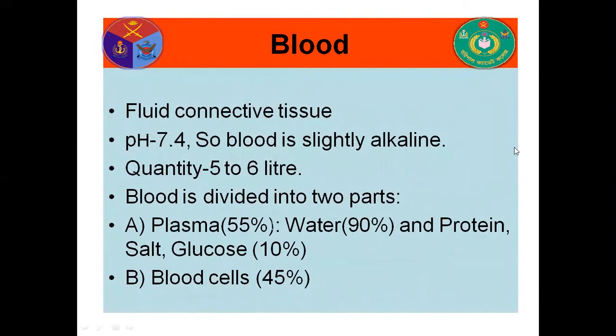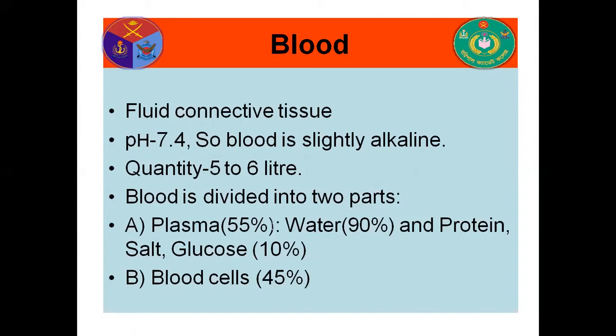Now, what is blood? Blood is a fluid connective tissue. So, blood is a connective tissue, but of the fluid type. I mean, blood is a fluid or liquid connective tissue. Its pH is 7.4. pH means power of hydrogen.